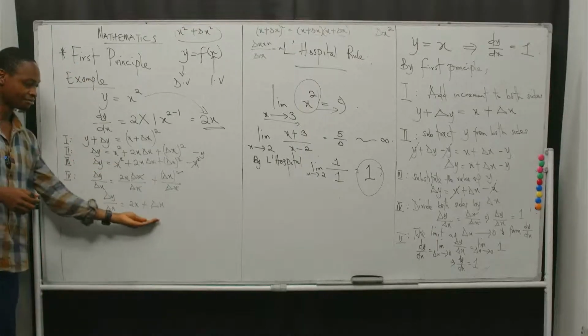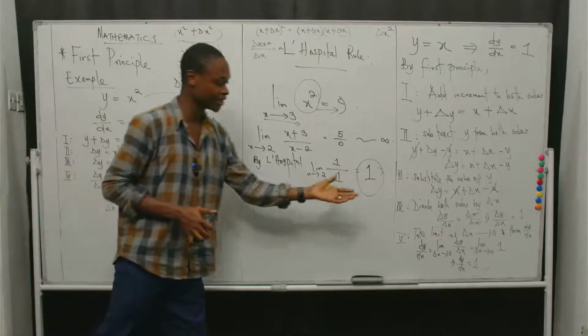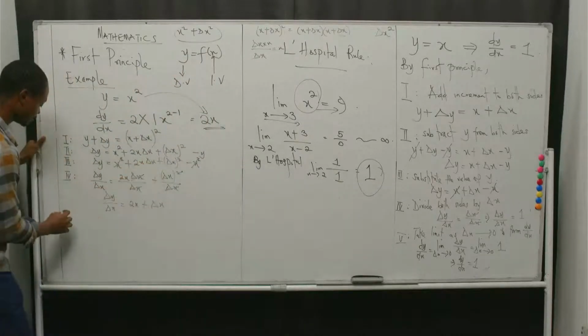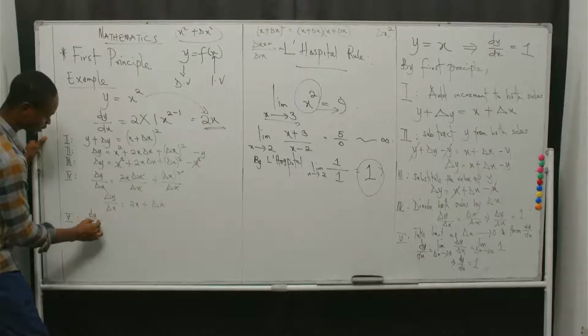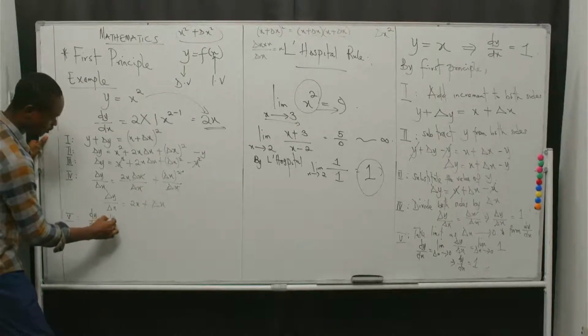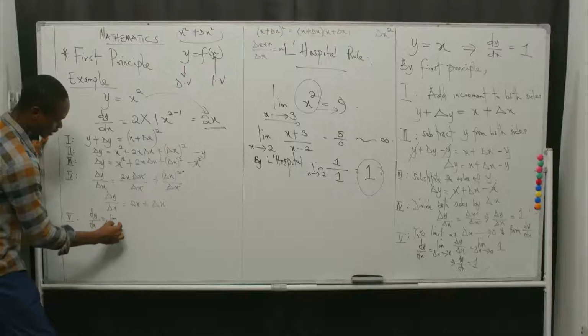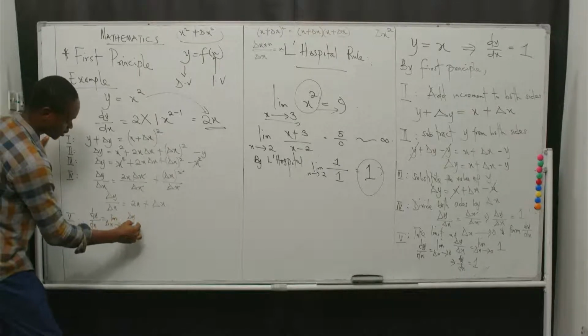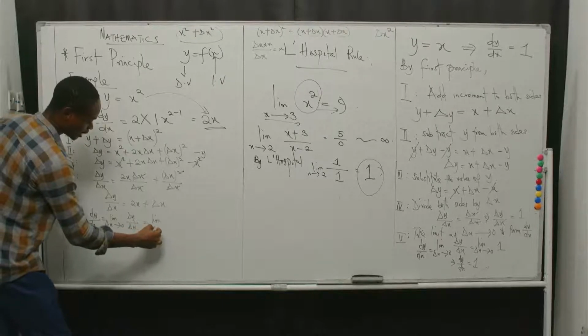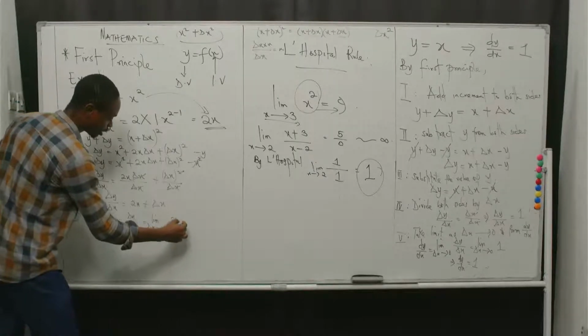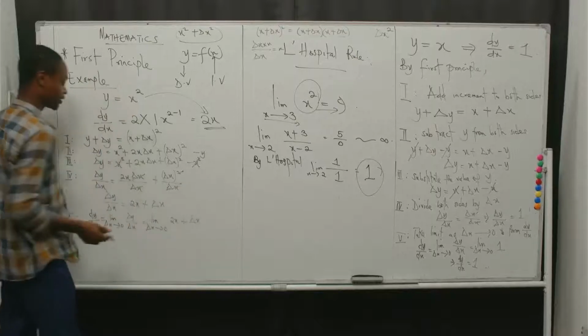And then you are here, and the last step says I take the limit. So if I take the limit, I will have that dy dx is going to be the limit as delta x tends to 0 of delta y divided by delta x, which is equal to the limit as delta x tends to 0 of 2x plus delta x, right?